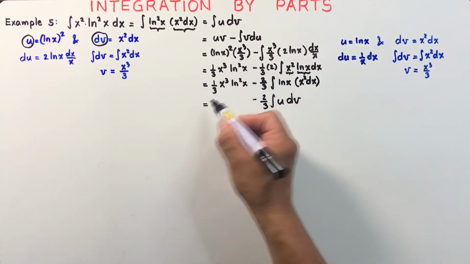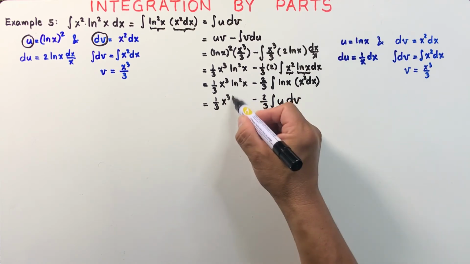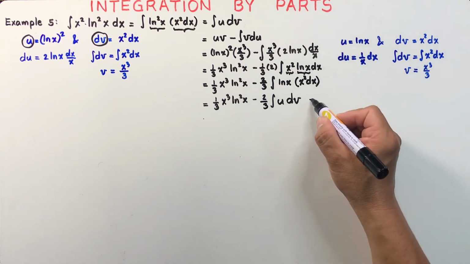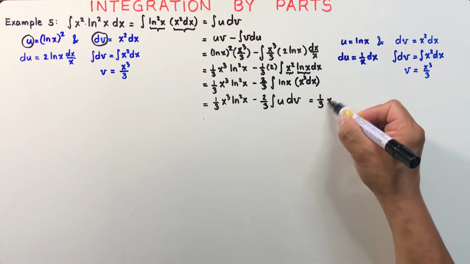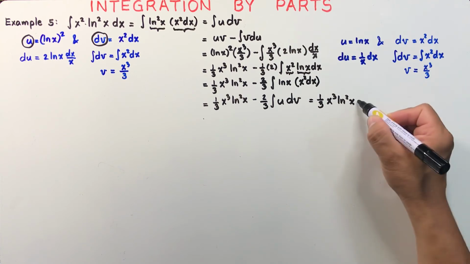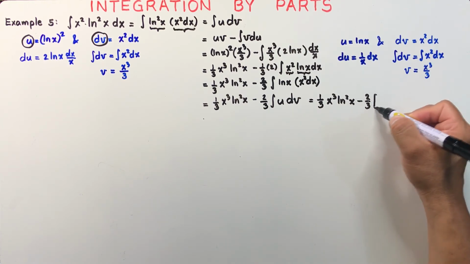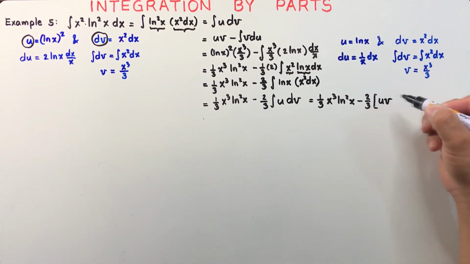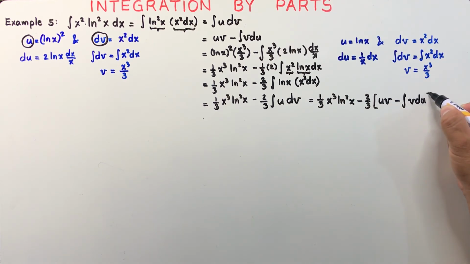And of course, there is still a part of the solution, which is this one here. So applying the formula for integration by parts, we have 1/3 times x cubed times the square of ln x minus 2/3 of our integral of u dv, which, according to the formula, is uv minus the integral of v du here.